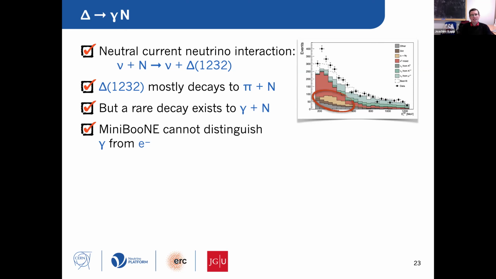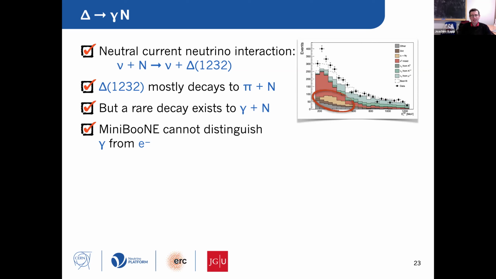And what I'm saying now is that a single high energy photon coming out of nowhere is completely indistinguishable from the signal in this detector. So clearly this type of process makes a contribution to the background in MiniBooNE, and therefore it shows up in this plot.